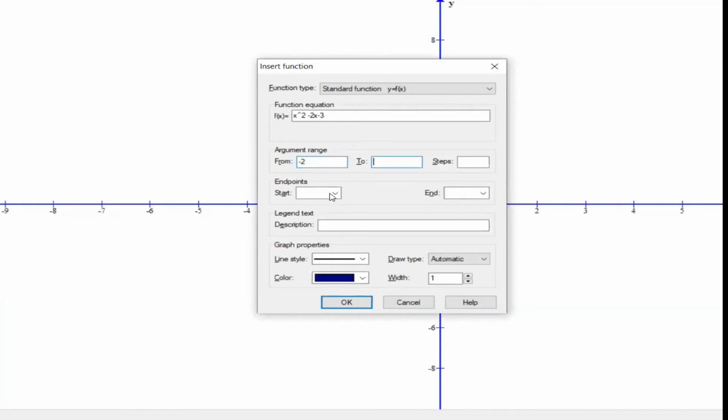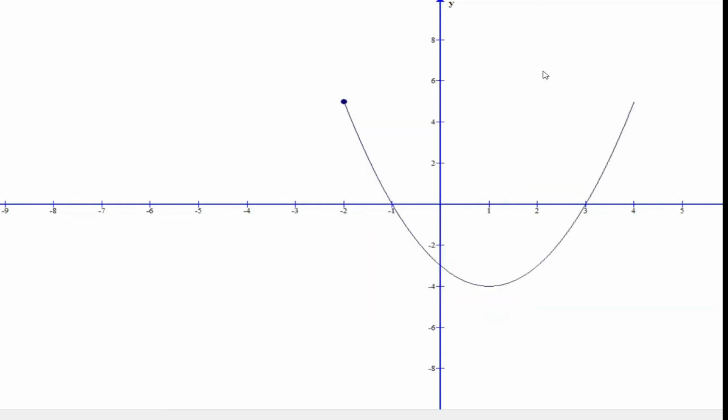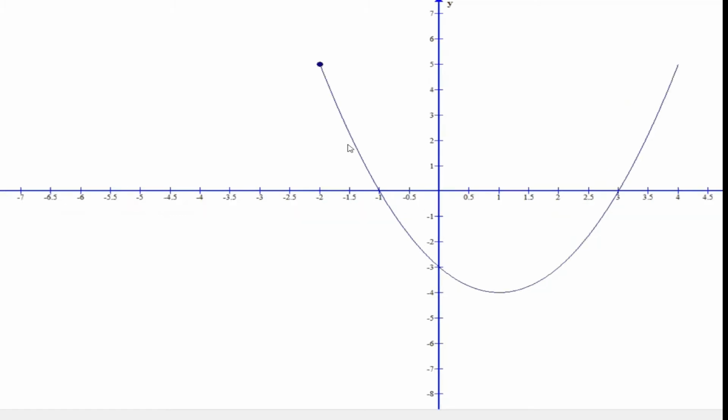We want to have endpoints, so let the endpoints be these red dots. We're going to change the color to it. Let's keep it at true blue. So that's the graph. All right. From -2 to 4, this is the graph. This is the graph of y equal to x squared minus 2x minus 3.